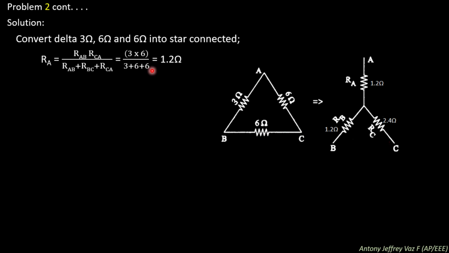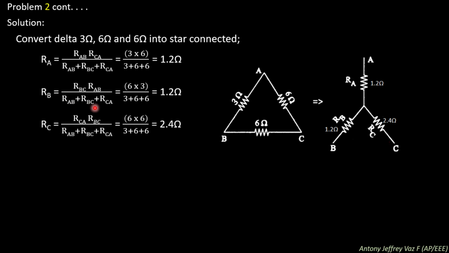So substitute all the values. You will get RA is 1.2 ohm. Here this is RA and this one is 1.2 ohm. And similarly for RB and RC, you can substitute the values from the delta connection into the formula, and you can find RB and RC. RB value is 1.2 ohm and RC value is 2.4 ohm. So substitute this value in the star circuit.